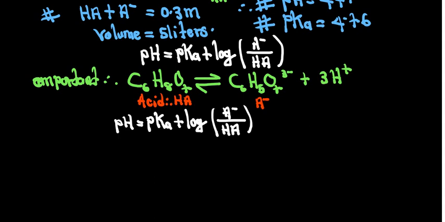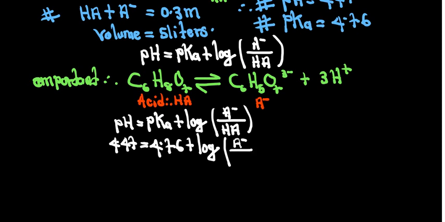What's the pKa value of citric acid? It has been given as 4.76, plus log of what? Do we know the values of the conjugate base as well as the acid? We don't know the concentrations yet, so I'll put it there over the HA.